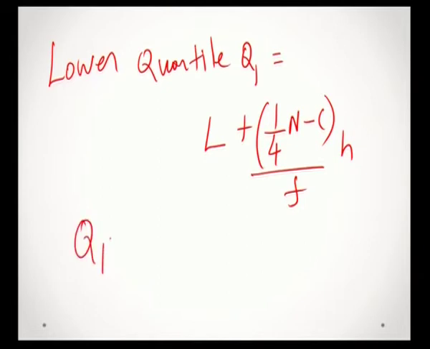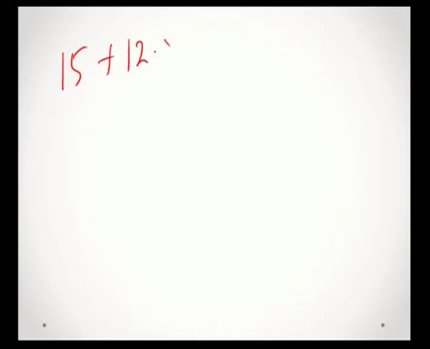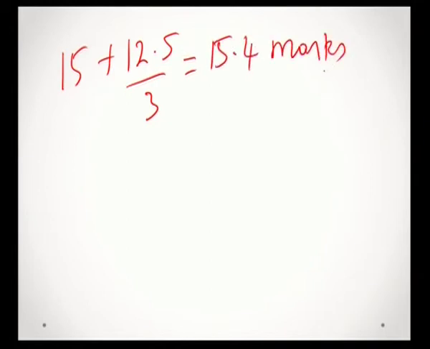So Q1 is equal to L, which is 15, plus 1 by 4 into n, where n is 49. So you get 49 by 4 minus C, which is 11, over 15 into 5. Simplifying this, you will get 15 plus 12.5 over 3, which is equal to 15.4 marks as the lower quartile.